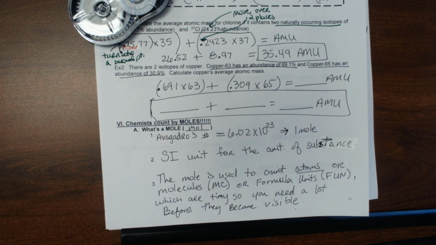In chemistry, we just couldn't count them out like 1, 2, oh, we got 10 atoms. Those are still so tiny, we can't visibly see it with our eyes. Because of that, now we call it 1 mole.